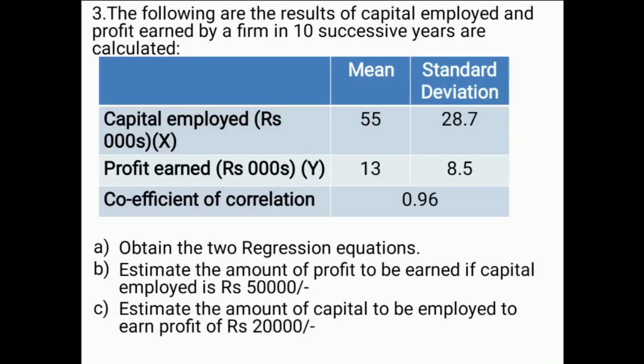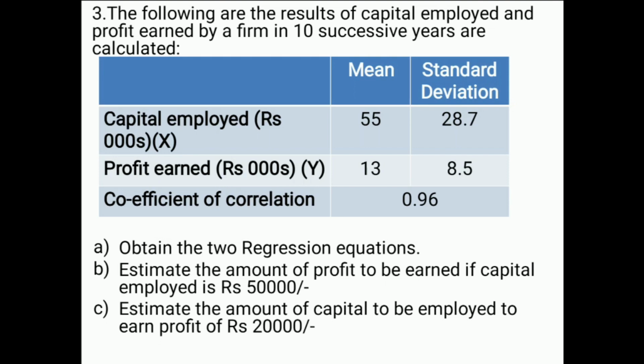Okay, the third question of section C. The following are the results of capital employed and profit earned by a firm in 10 successive years given in the table. Capital employed in thousands: its mean is 55 and standard deviation is 28.7.